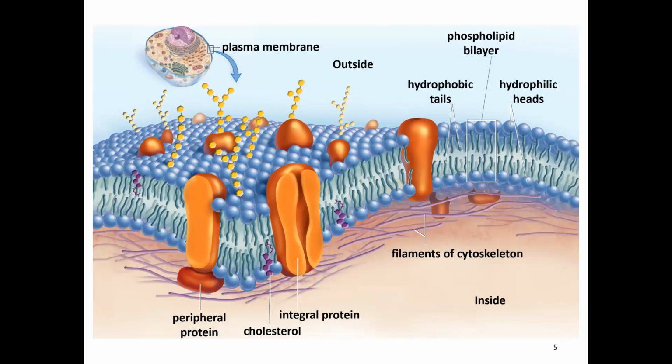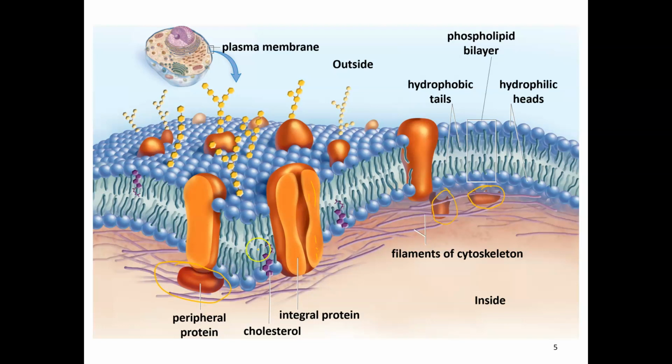Boom, right? Here it is. So here we have that integral protein that spans across the entire membrane here. And over here you can see a peripheral protein. Here's another peripheral protein. Here's another peripheral protein.